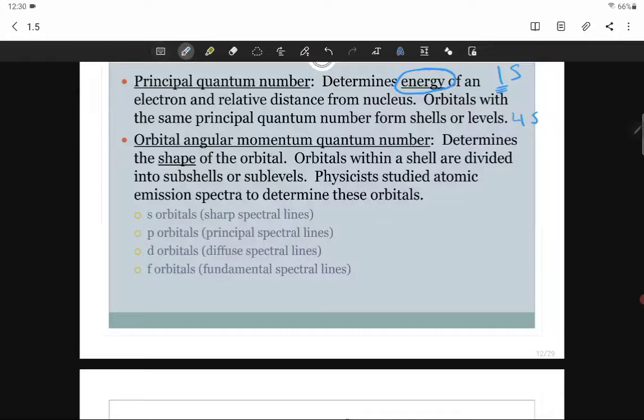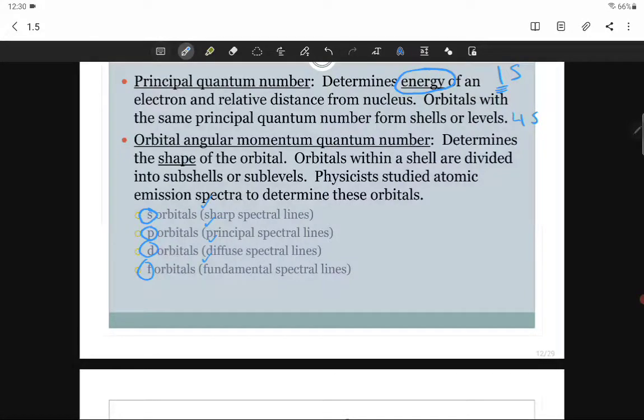The orbital angular momentum quantum number is really these shapes. And you did learn these shapes last year. Someone way before us designated them as S, P, D, and F. After F, they start to go by actual letters of the alphabet in sequence.